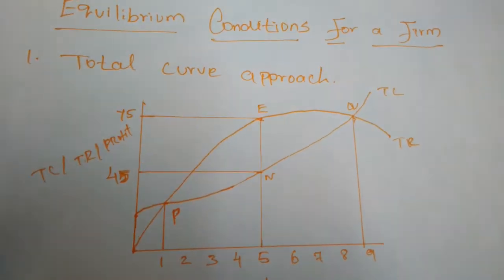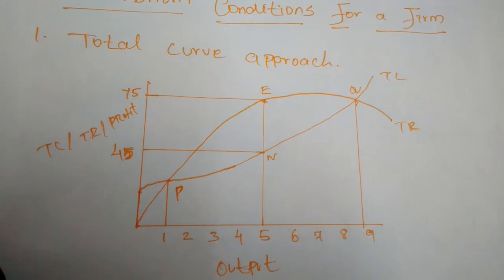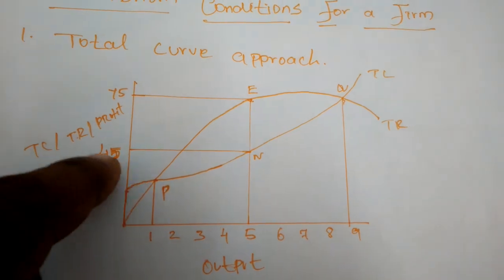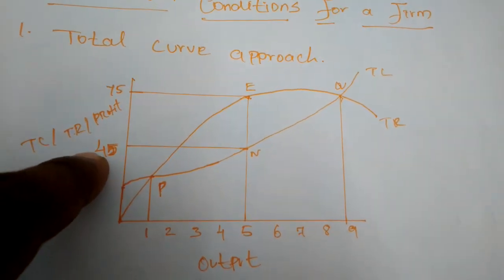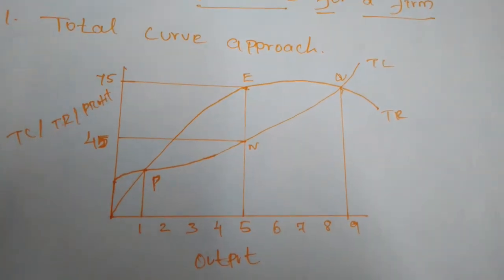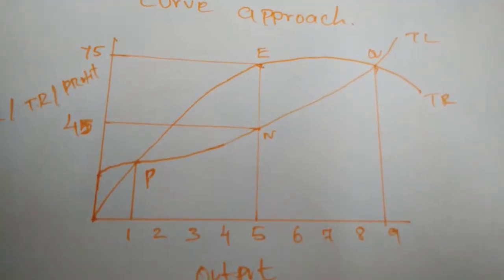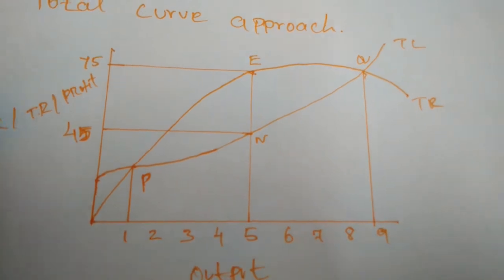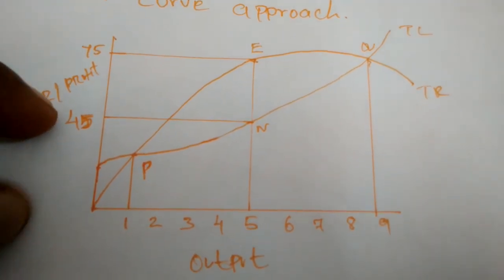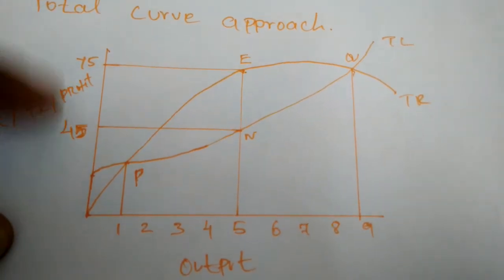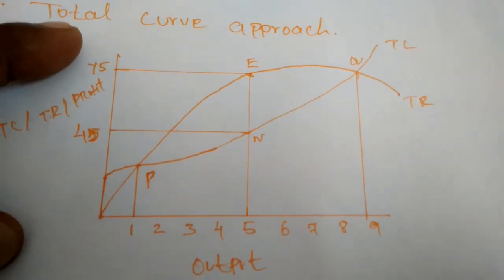For the cost of producing some units of commodity, the firm has to spend 45 units, or 45 rupees, simply put. And after that, the total revenue increases from 45 to 75.